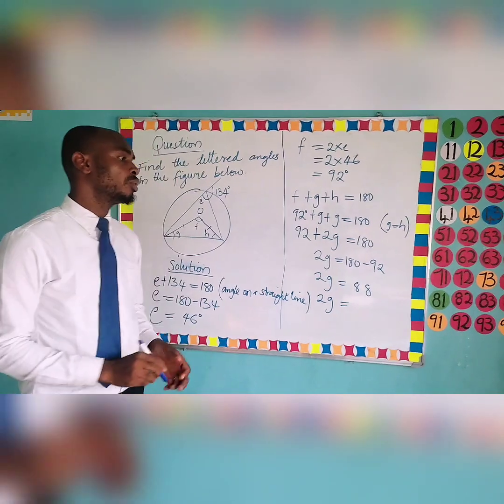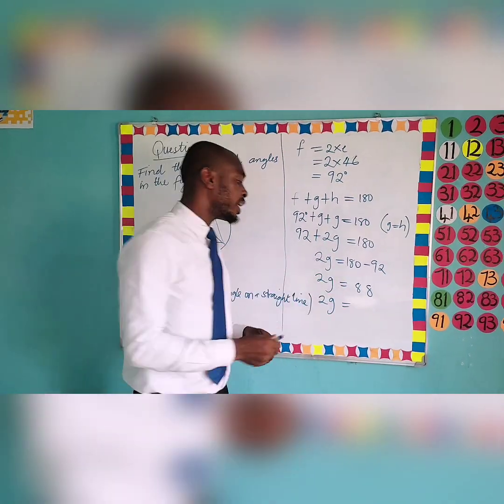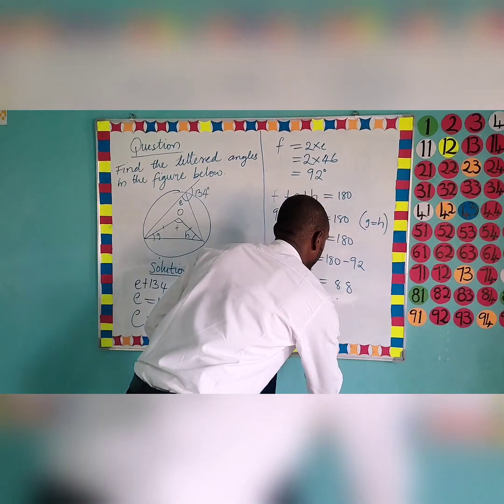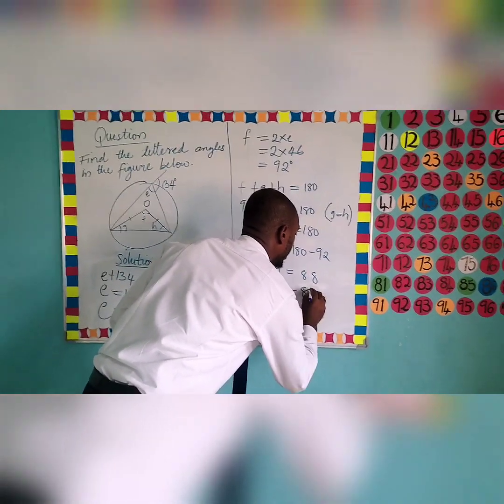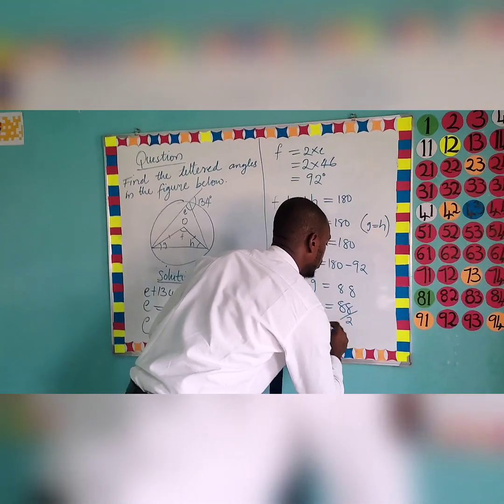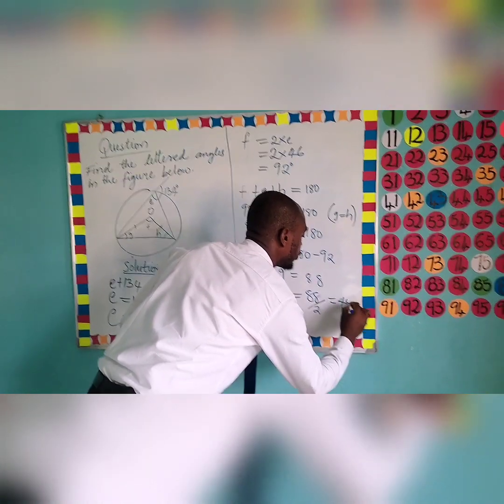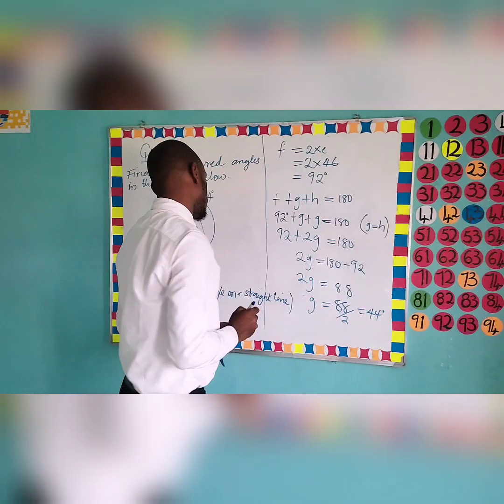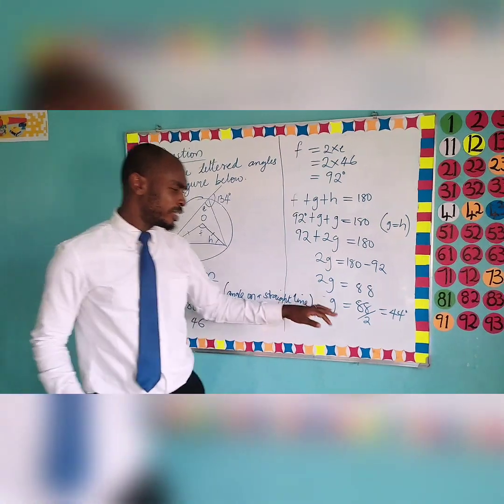Now 2G equals 88. That means G equals 88 divided by 2, which is equal to 44 degrees. At this point, we have G to be 44 degrees.